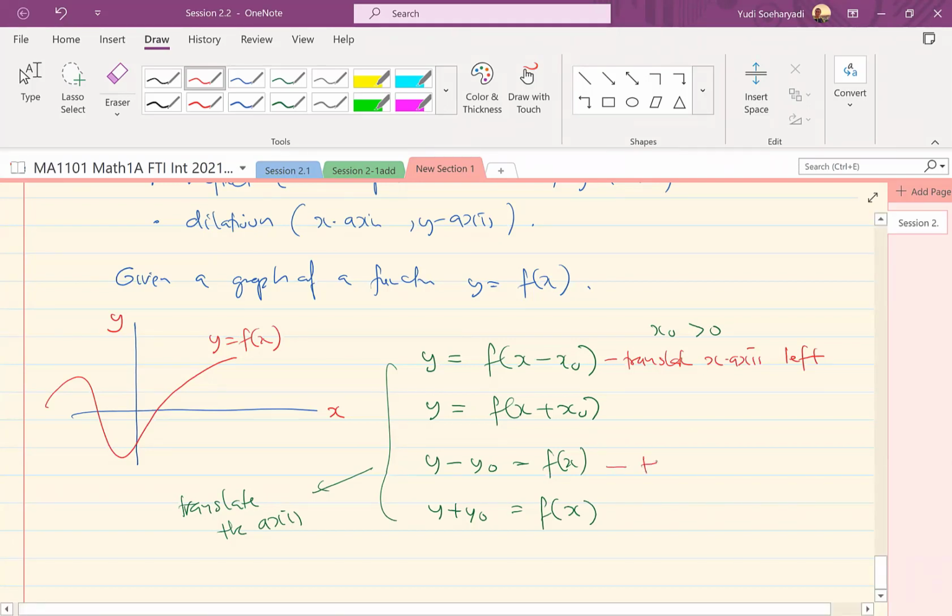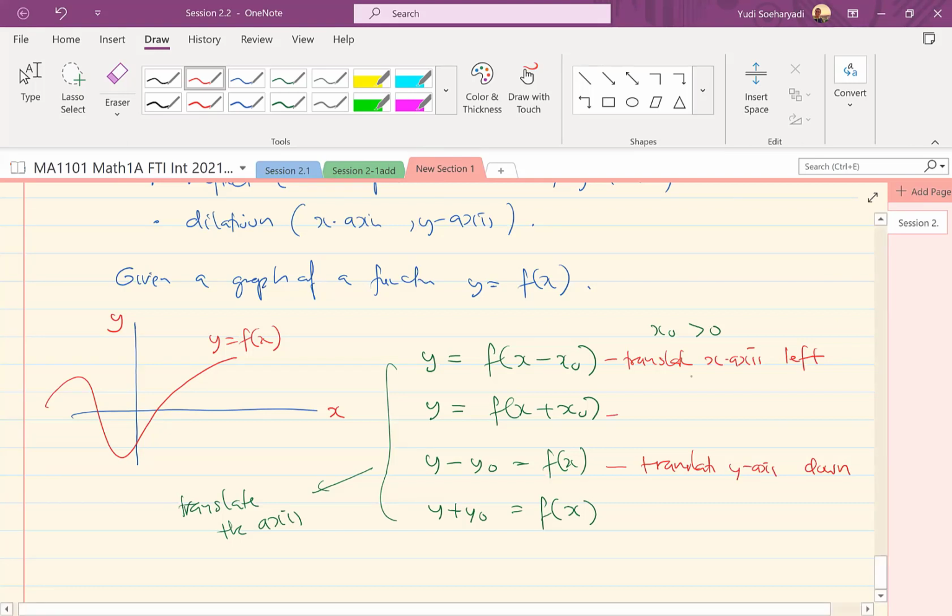Similarly, this is translate the y-axis down. Okay, so when you move the axis down, that means the graph moves up. Right? So it is in the opposite direction of how the axis translates.